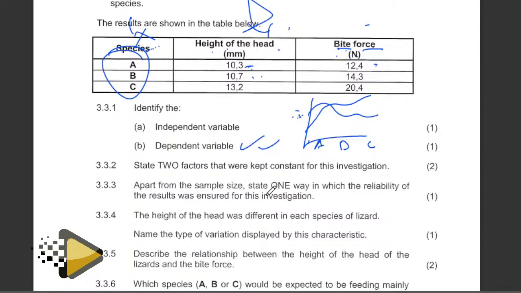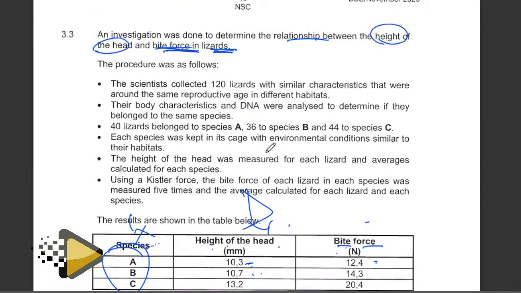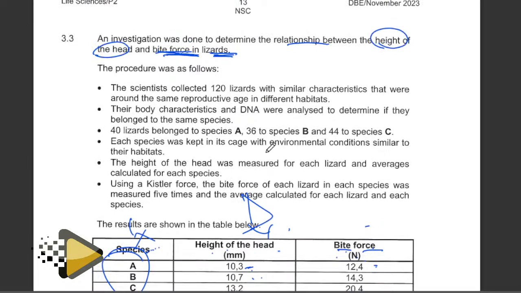Yes, state two factors which were kept constant. There are a lot, so you have to talk about any factor, but here they said that each species was kept in a cage with environmental conditions similar to those of the habitat, meaning that you kept the same temperature, same humidity, same light.